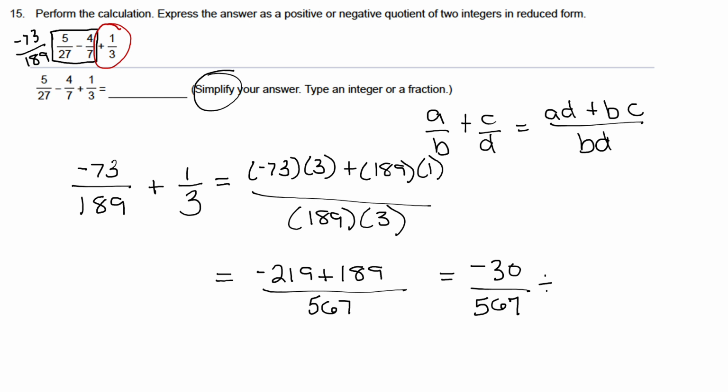And it does. So we can divide both the top and the bottom by 3. Negative 30 divided by 3 is a negative 10. And then 567 divided by 3 is 189. I can't simplify this any further, so my answer is negative 10 over 189.